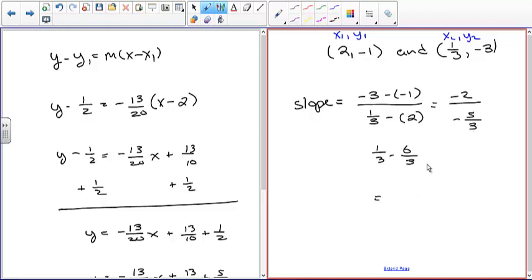And again, the numerator is negative 2, which is negative 2 over 1. So you get negative 2 over 1 times negative, take the reciprocal of that, 3 over 5. So the reciprocal of 5/3 is 3/5. And the negatives cancel out, and you end up with 6/5. So that's your slope between those 2 points.